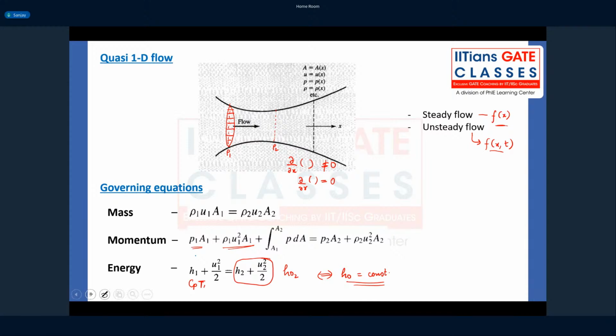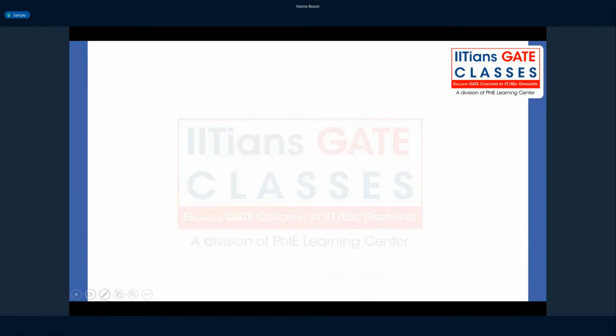All right. Now, if the flow is going to pass through a duct, let's say the area of the duct is going to change. So we know that for the mass flow rate to remain the same, the properties have to change.